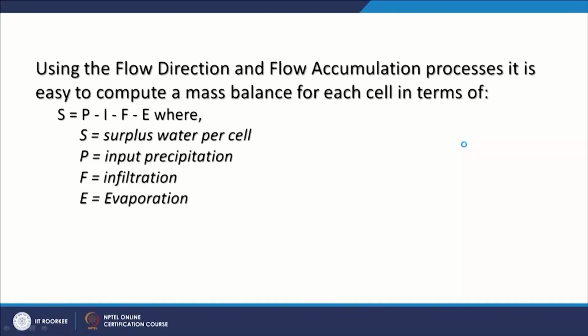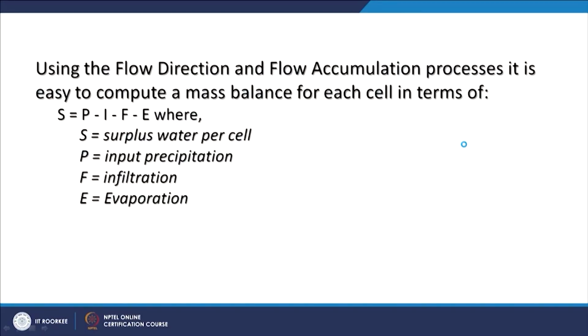each cell in terms of S equal to P minus I minus F minus E, where S is the surplus water per cell, P is the input precipitation, F is the infiltration and E is the evaporation.